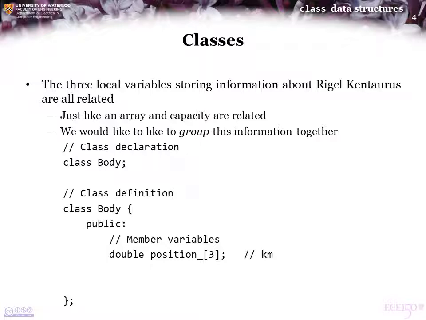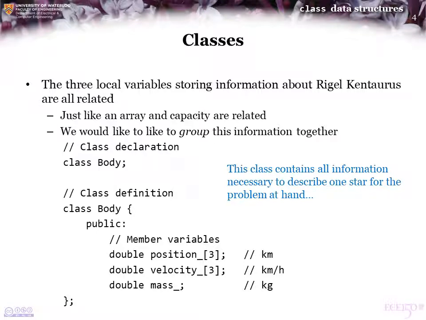Note that we're going to indicate that this is being stored in kilometers. Every body also has a current velocity. Again, this is a 3-dimensional vector array. Finally, every single body will have a mass associated with it, and in this case, it is in kilograms.